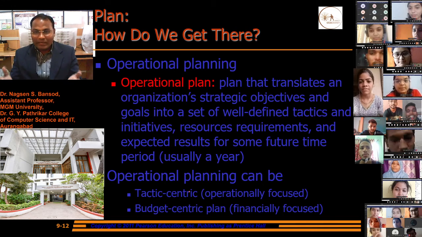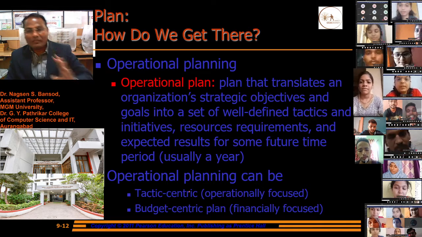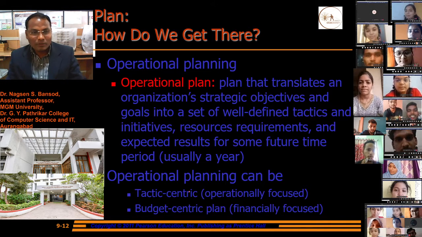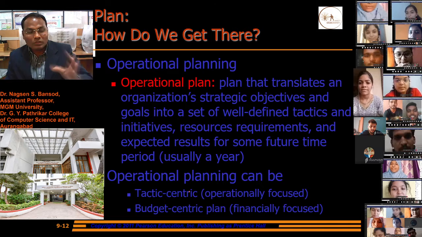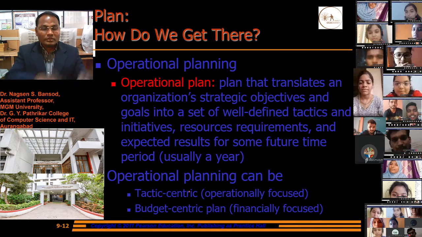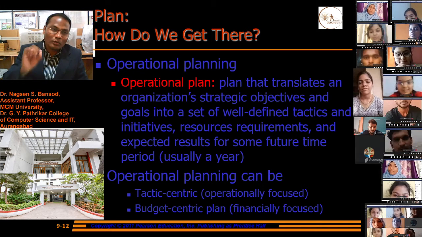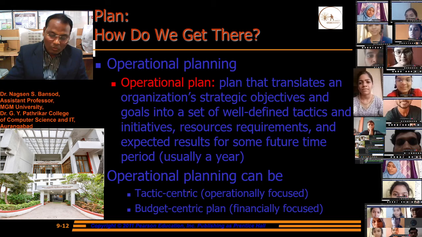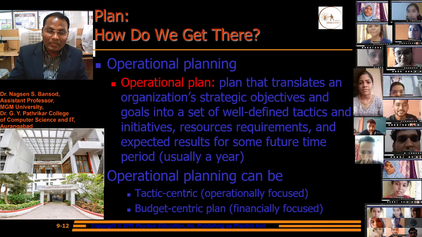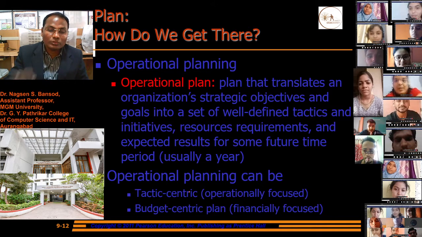We have to plan, translate, and organize the strategies, objectives, and goals into a set of well-defined tactics and incentives. If you do this, we will provide this much incentive to this employee, this manager. We have to decide that if the manager does not take any leave for a whole year, we will give this much incentive to this manager.